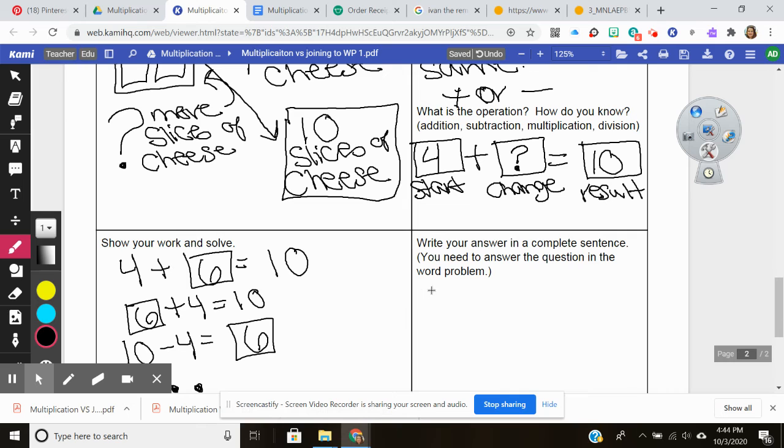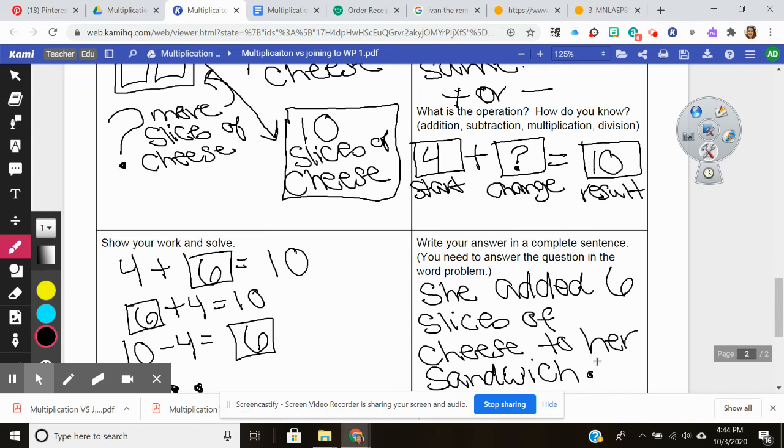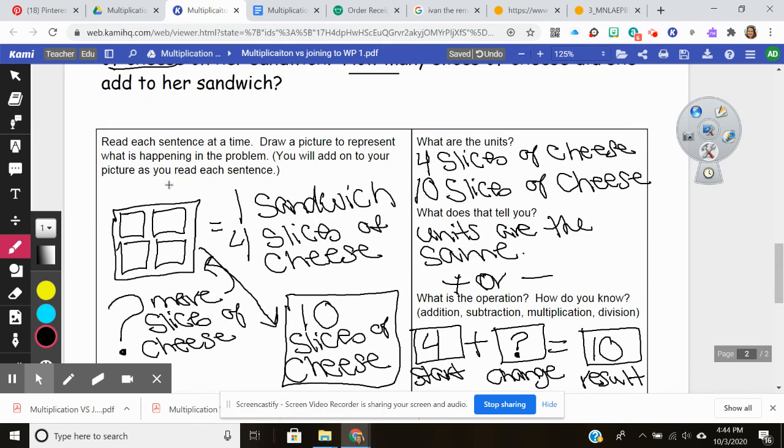So I would write, she added 6 slices of cheese to her sandwich. Period.